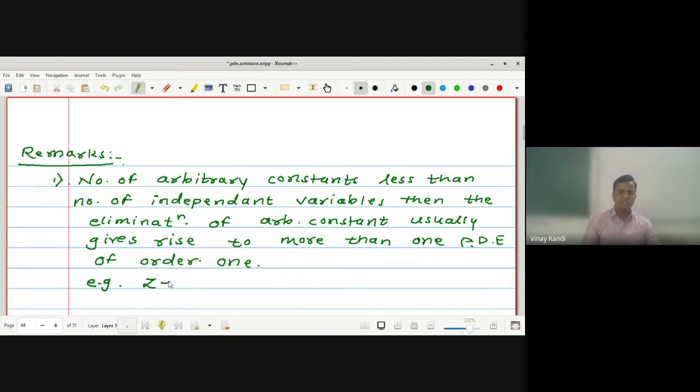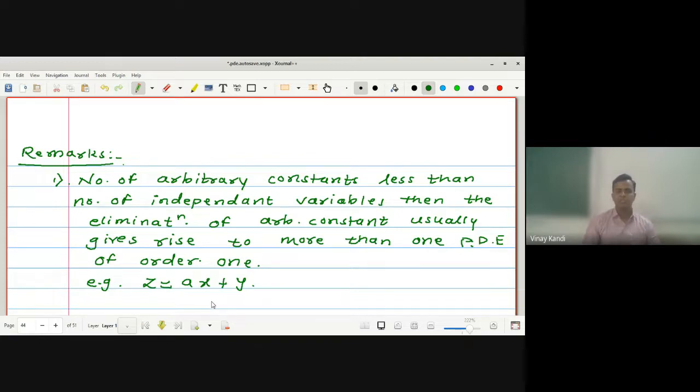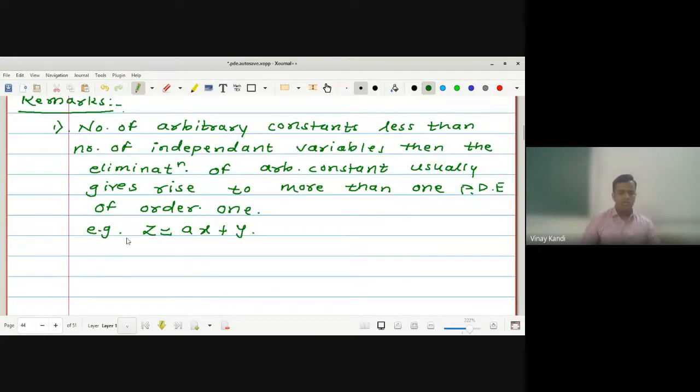If z is equal to ax plus y, what is the arbitrary constant here? a is the arbitrary constant, which is only 1. And what are the independent variables? x and y. So here the number of arbitrary constants is less than the number of independent variables. Then the elimination of the arbitrary constant usually gives rise to more than one partial differential equation of order 1. Now, give it as equation number 1. Partially differentiate 1 with respect to x and y.